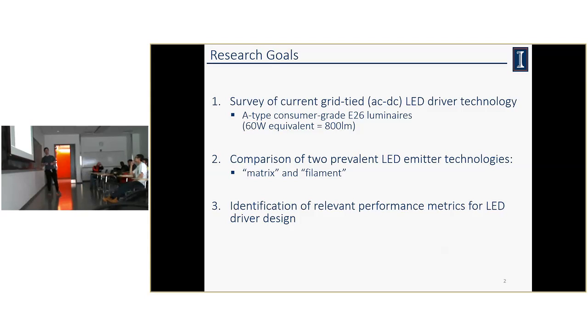Specifically, we're trying to compare two different types of prevalent LED technologies. One is what I call matrix, which is what you're probably more familiar with. You basically have an array of little LED chips. The second one is called filament, and this is a newer technology. Usually you see it in stores under the name of like antique.